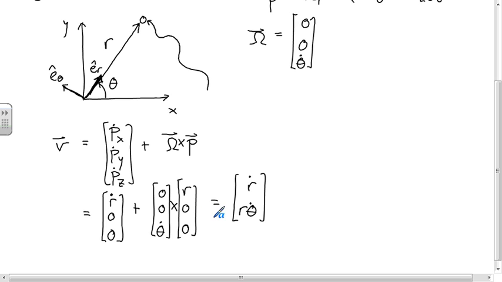A lot of times it's just presented as a formula you need to remember, but this is one way to derive it. Often it's written as r dot e_r plus r theta dot e_theta, but that's just a different way of writing it than this. And what about the acceleration vector?